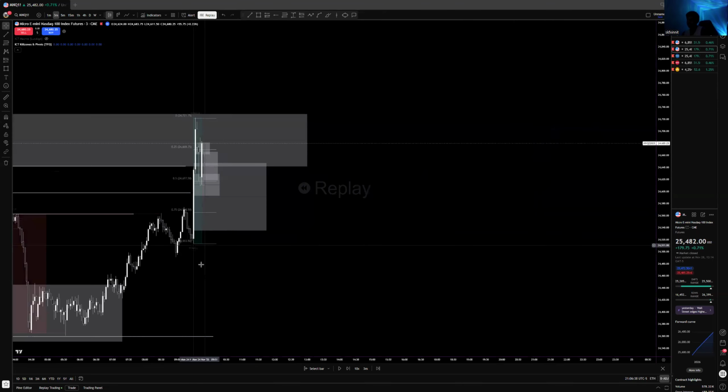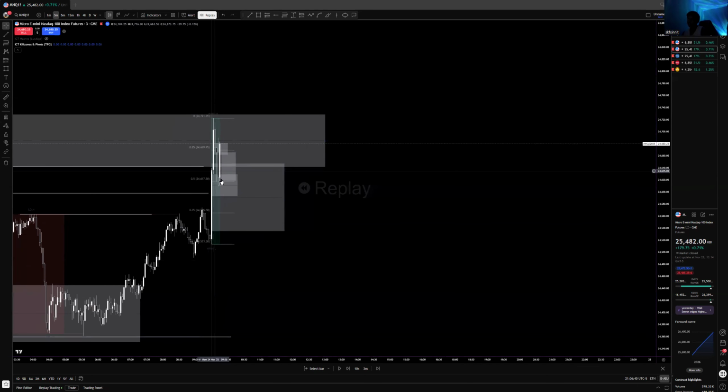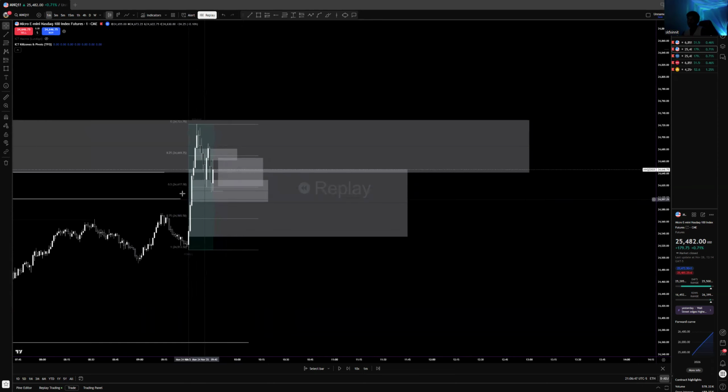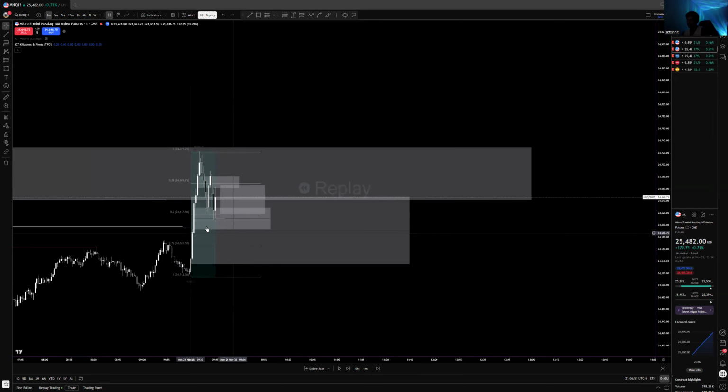Even if you really want to get into an entry, this could be a good pattern to look into. We got a 1 minute fair value gap being filled and it's not been closed below 50%, which means it's valid.